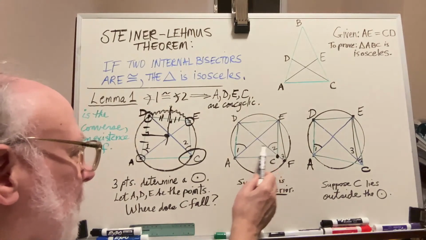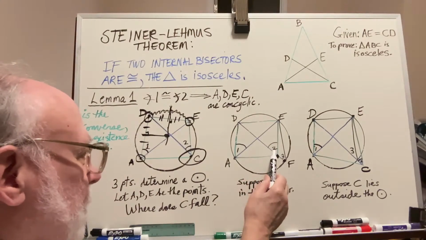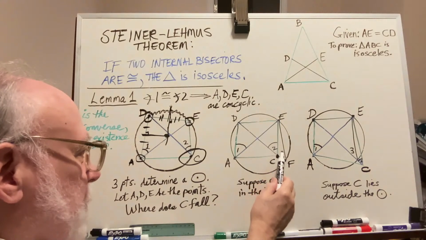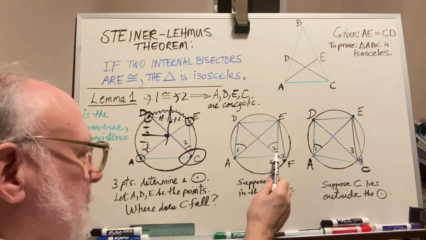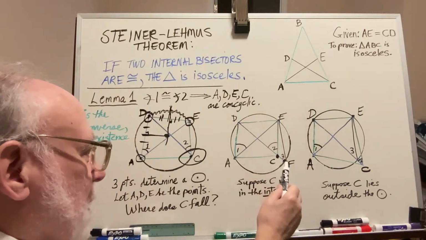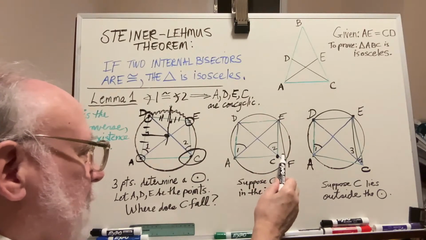Angle 1 is congruent to angle 2, but angle 2 is greater than angle 3 since it's an exterior angle to triangle ECF. So 2 is greater than 3.